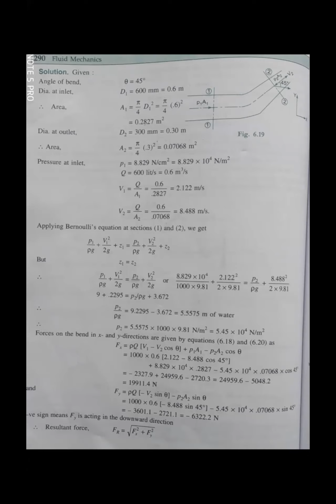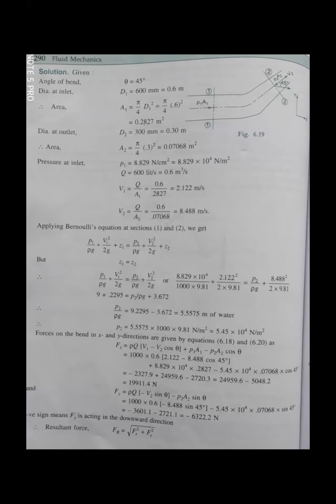The pipeline is running on the ground, so every central point in the pipe is at the same datum. In that way, you have to understand that the pipeline is in the horizontal plane.